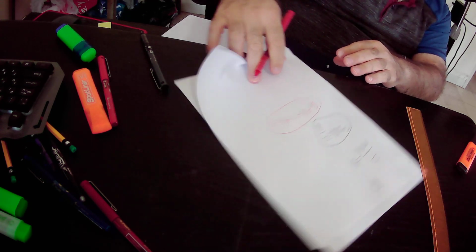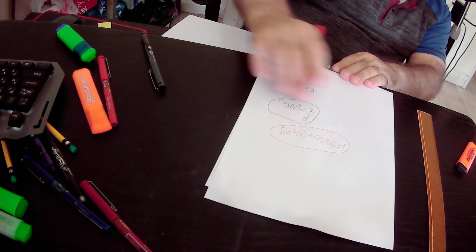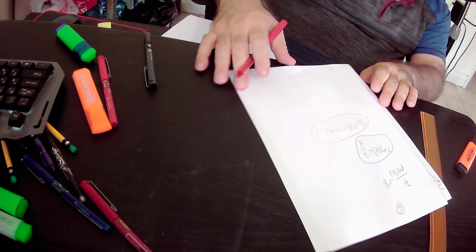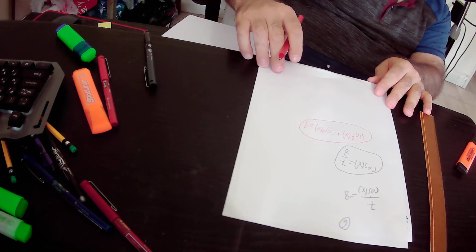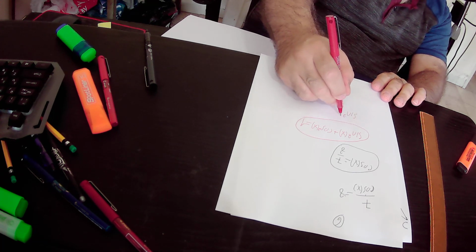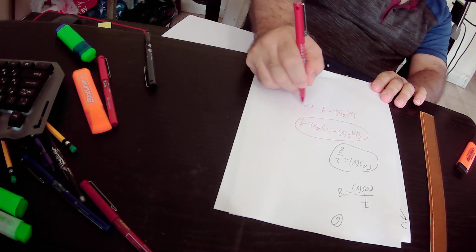So we subtract cosine square x, and we get that sine square x equals 1 minus cosine square x.